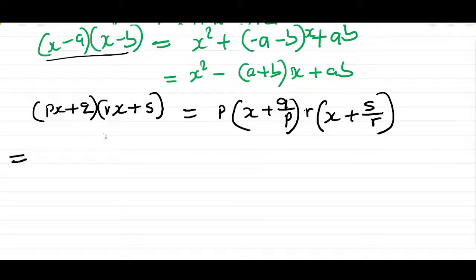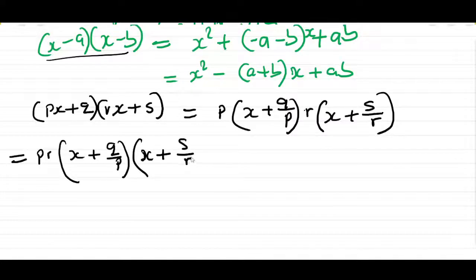So what we'll be having next is this. We have pr grouped. We'll be having pr, then we'll have to multiply x plus q over p, and x plus s over r.